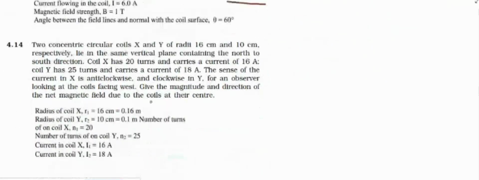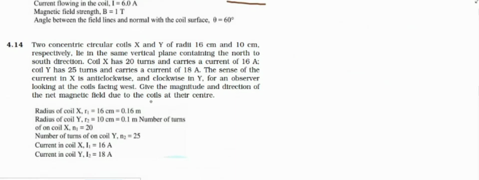Okay. Now, question 14. Two concentric circular coils X and Y of radius 16 centimeter and 10 centimeter respectively lie in the same vertical plane containing the north to south direction. The coil X has 20 turns and carries a current of 16 ampere.